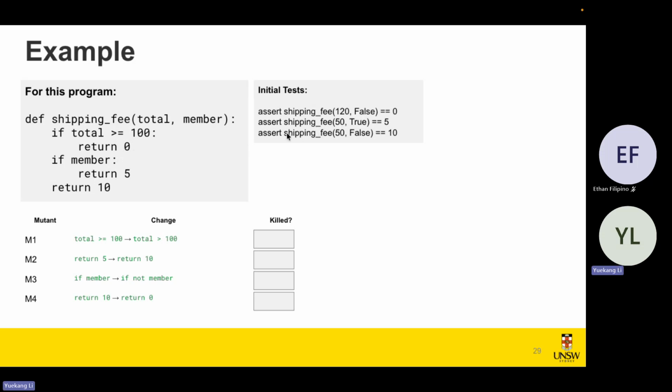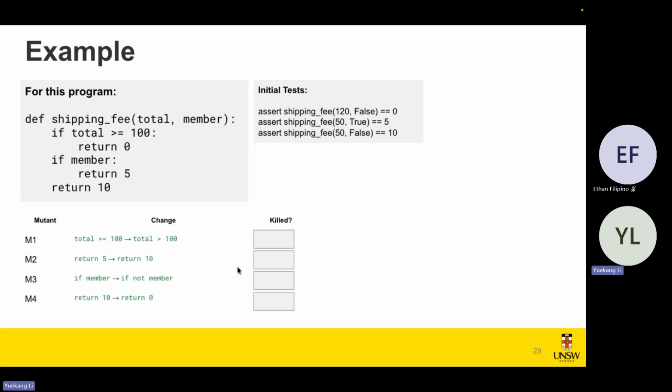And the second one is if the number is smaller than 100, then we need to check whether the person is a member or not. If the person is a member, it should return 5. If the person is not a member, it should return 10. So we can see that these 3 test cases are actually enough to cover all the possible return values of this function here, right? They are actually created to trigger all the 3 different returns.